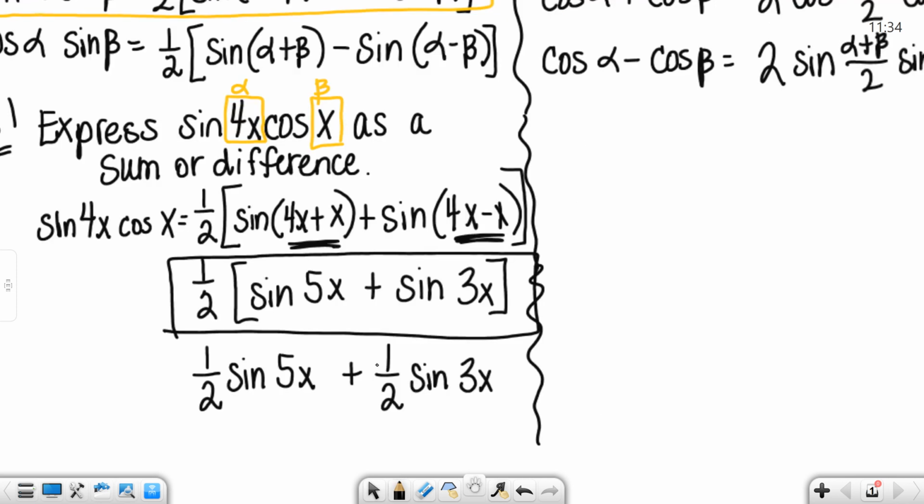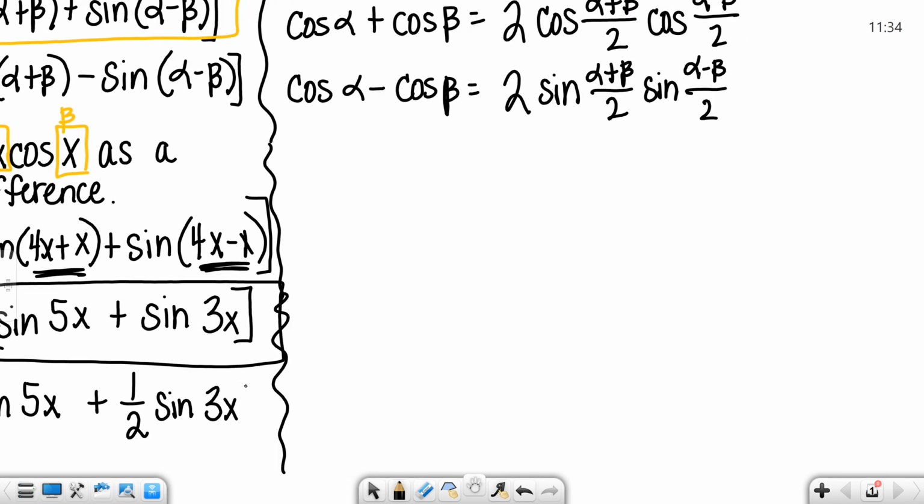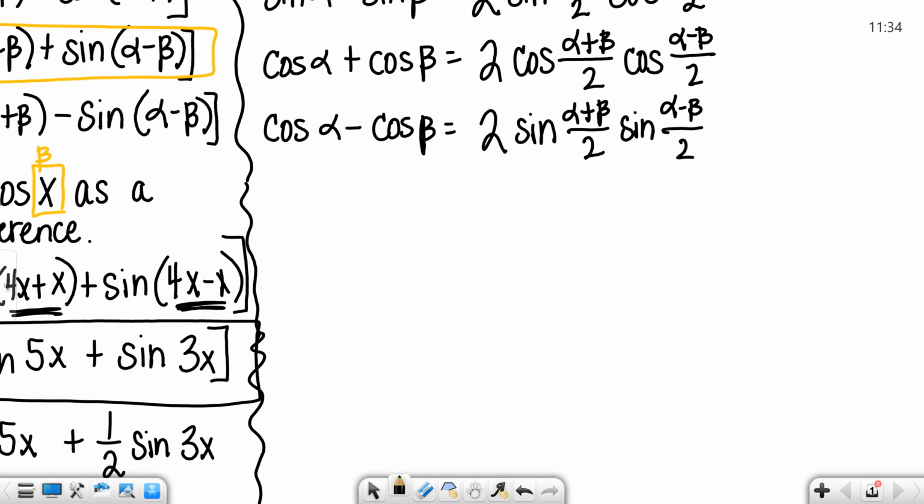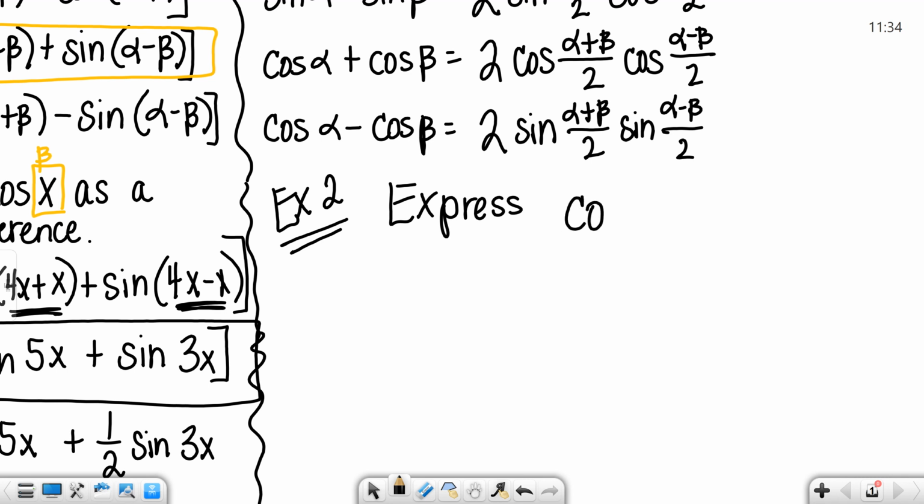All right, let's do one of these other ones. Let's express the cosine of 4x minus the cosine of 3x as a product.